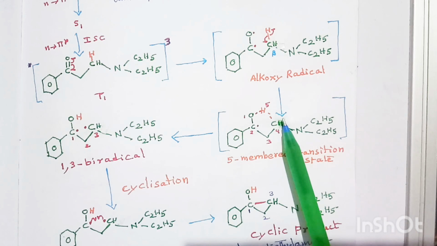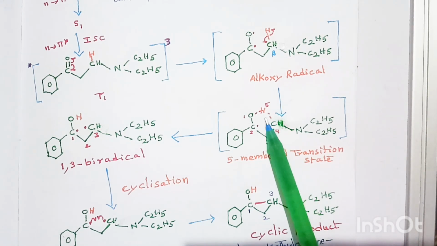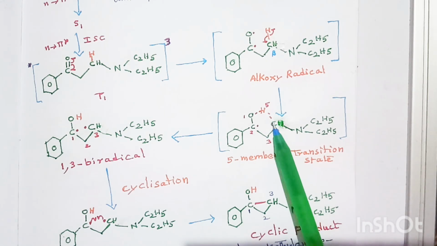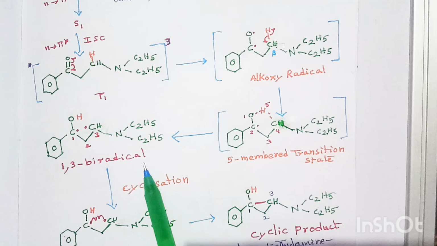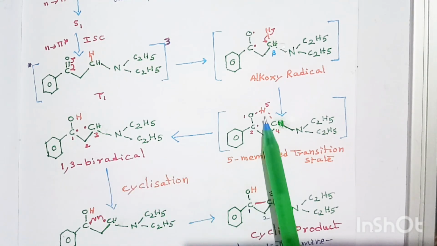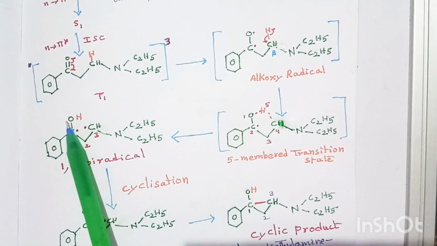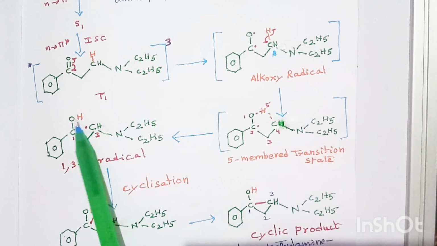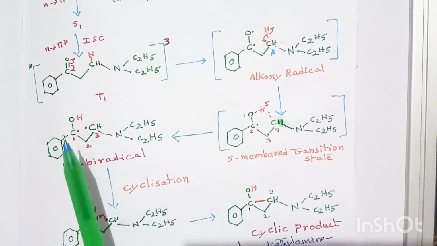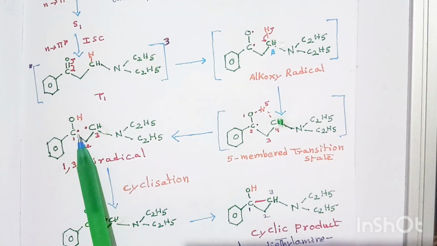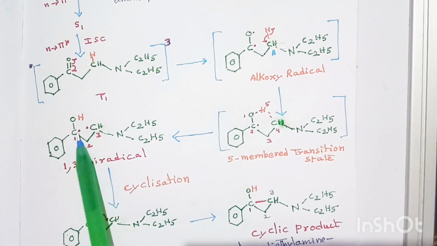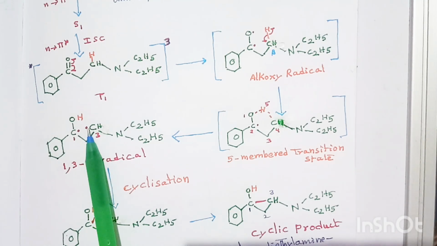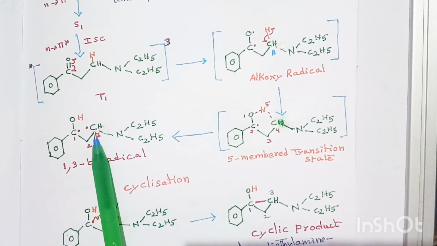This 5-membered transition state, when the bond between beta hydrogen and beta carbon cleaves completely, gives us a 1,3 biradical. This hydrogen will get attached to the oxygen totally, as a result of which, since a radical is already present on the first carbon atom, a new radical will be formed on the third carbon.